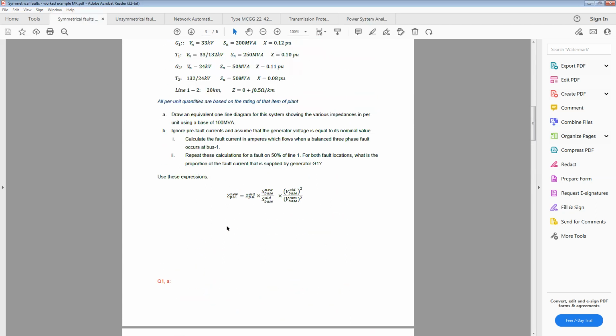The next question is to calculate the fault current in amps, which flows when the balanced three-phase fault occurs at bus 1.